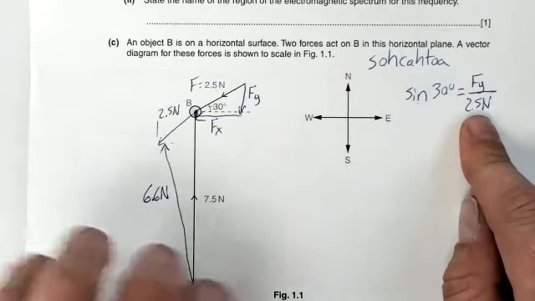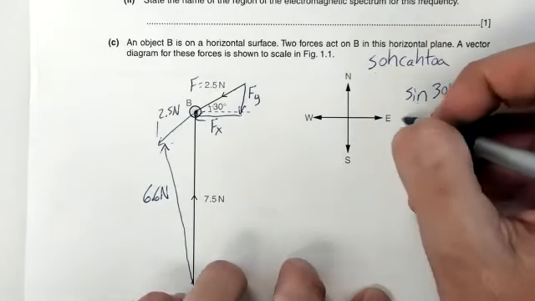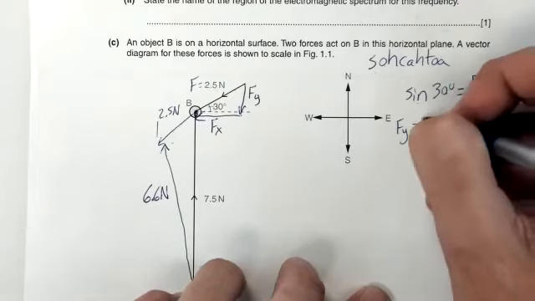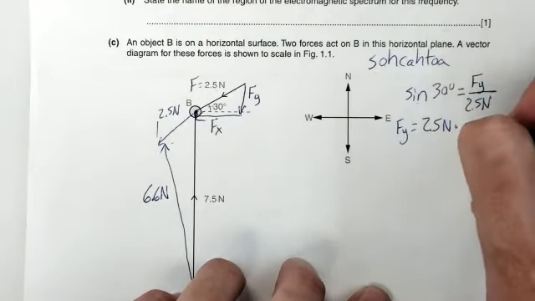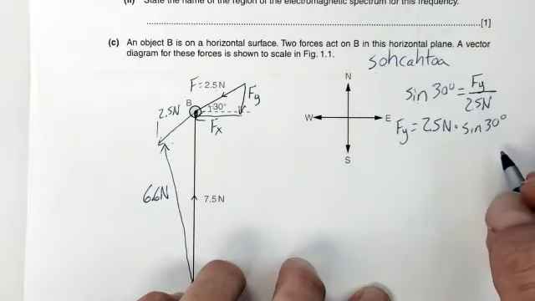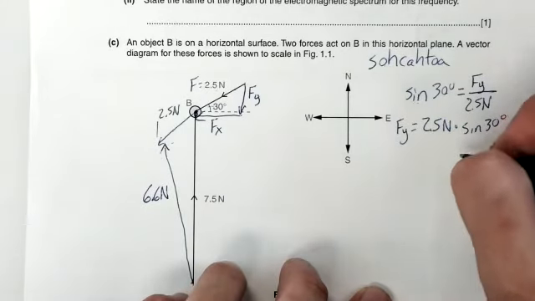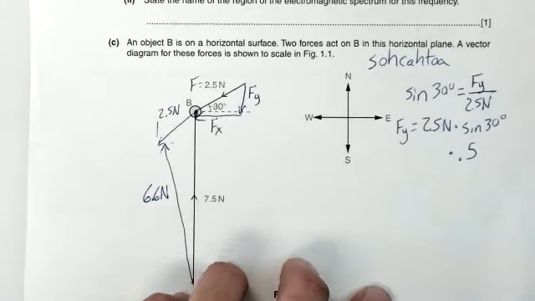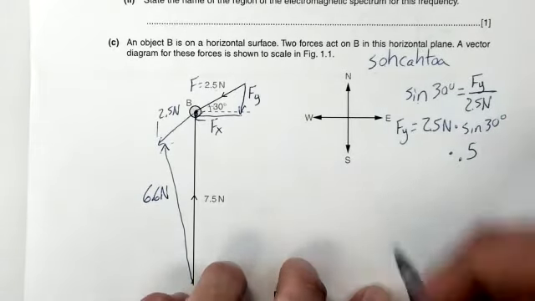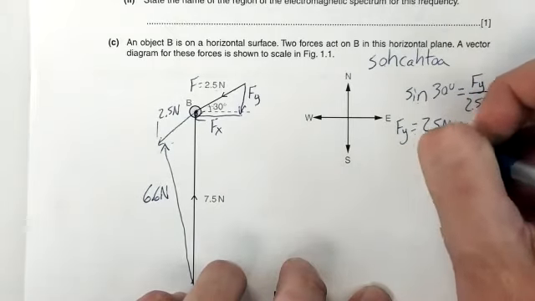Perfectly solvable math problem. Multiplying both sides by 2.5 newtons, I realize that the force in the y direction is 2.5 newtons times the sine of 30 degrees. Some students may have studied enough pre-calculus to know that sine 30 is a half. Or if you didn't know that, just type it in your calculator.